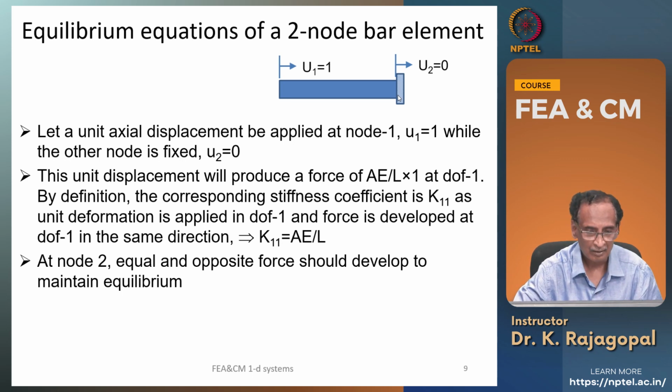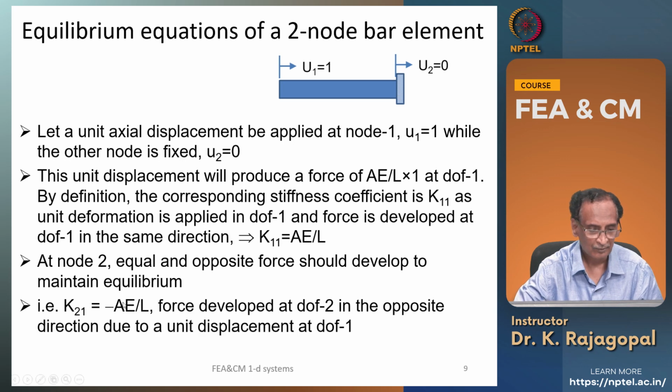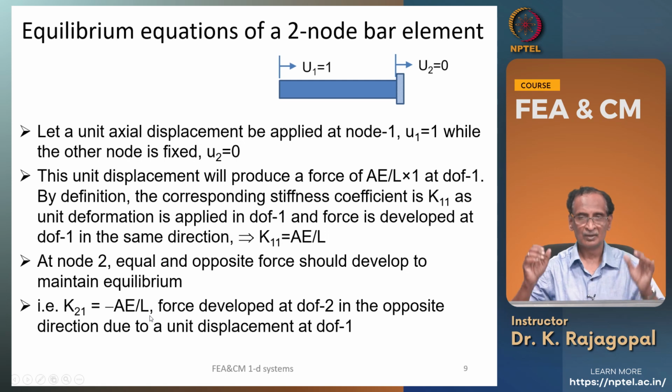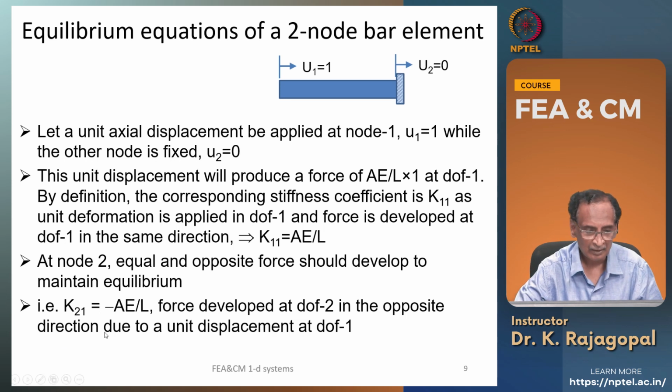So, that K21 needs to be equal to minus AE by L, so that we have equal and opposite reaction force at the other end. So, the force developed at degree of freedom 2 is minus AE by L due to a unit displacement at degree of freedom 1.